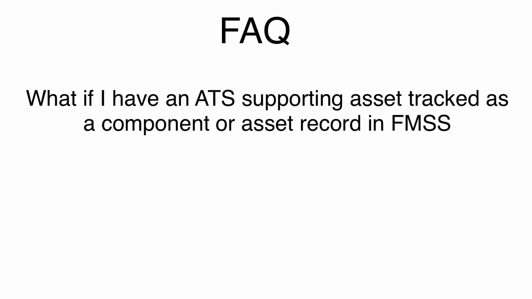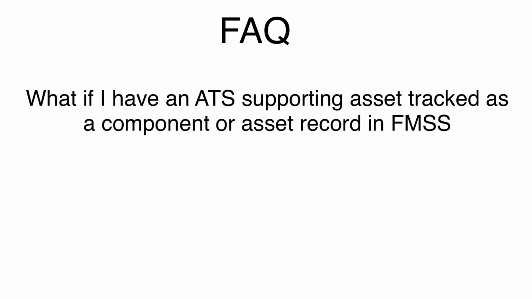Thank you. And the final question is, what if I have an ATS supporting asset tracked as a component or asset record in FMSS? So this review effort is at the location record level. However, you may have components or asset records that directly support the system, such as signs associated with a maintained landscape.